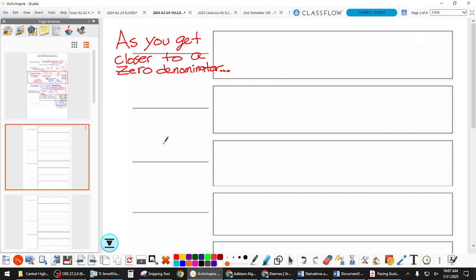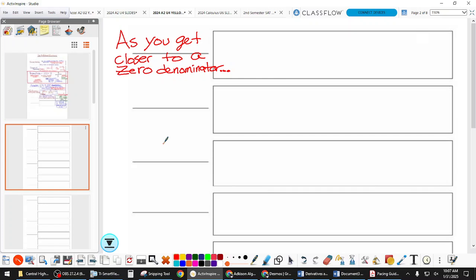And it really comes down to an understanding of what division means, okay? That probably was developed over your elementary and middle school years. So if you need to come talk to me about that, let's make sure this is clear.